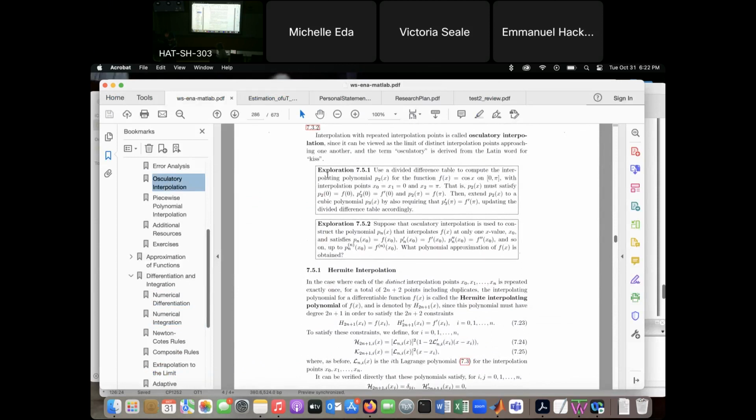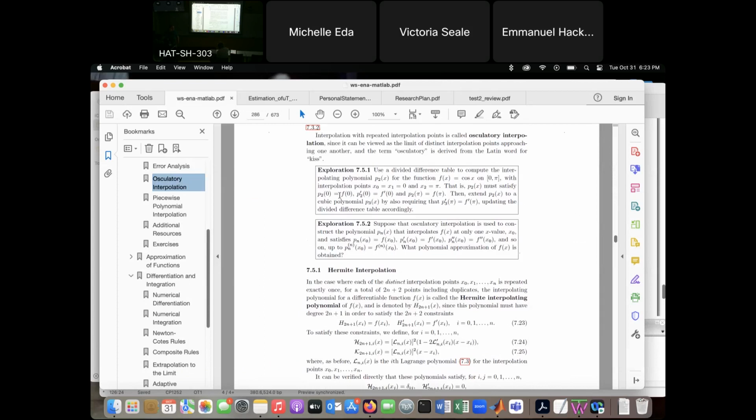This is done on MATLAB. 7.5.1 can be done in MATLAB. It does not have to be. Actually, you know what? I would recommend doing it on paper. And 7.5.2, that has to be done on paper. What about the other explorations for that?